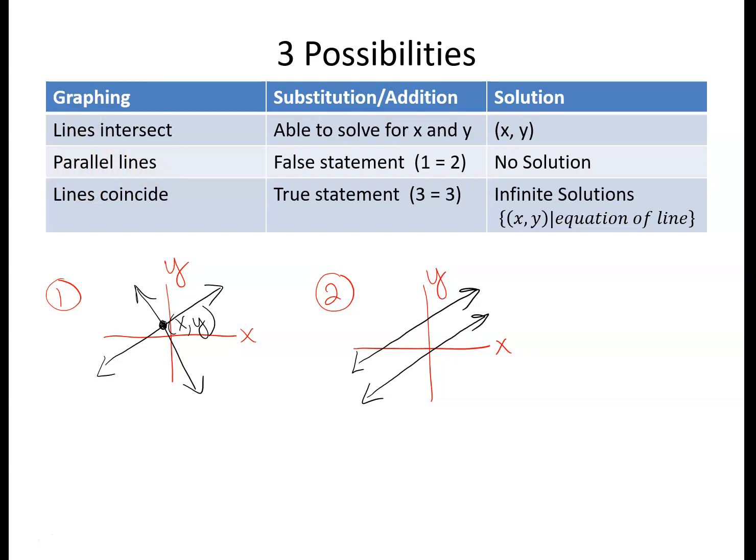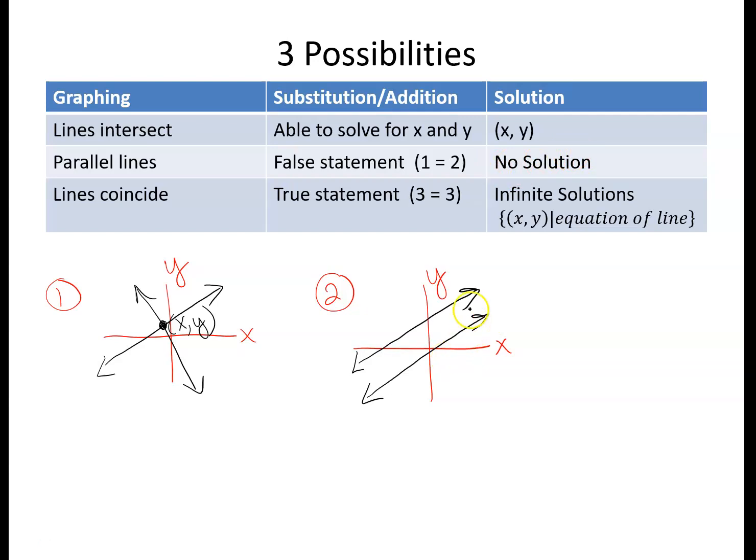Now think about in the first graph here, the lines intersect, and the intersection point is the solution. Well, in the second graph, they do not intersect ever. Therefore, there is no solution. So when your lines are parallel, the system has no solution because they never intersect.